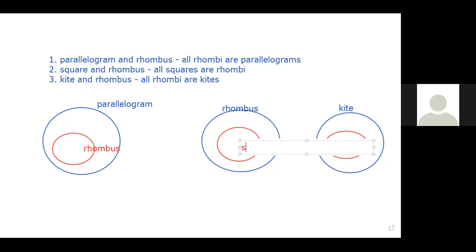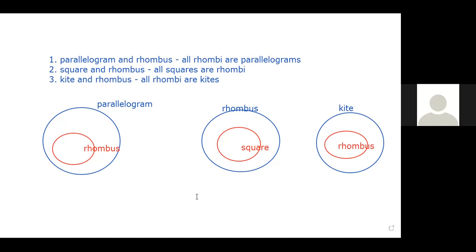This is square, and this is again rhombus. So this is the relation. There is a very clear set-subset relation.